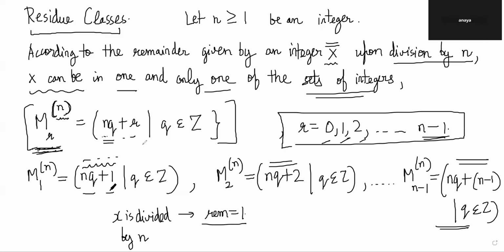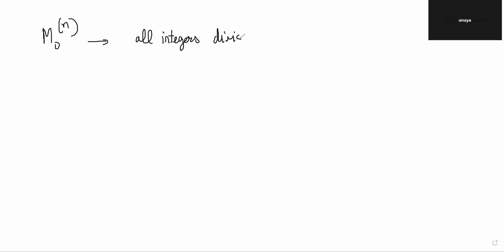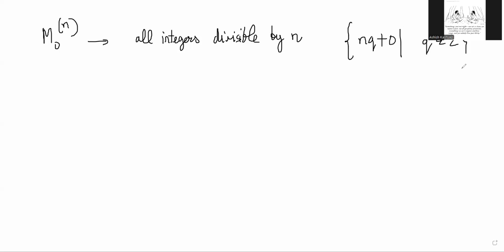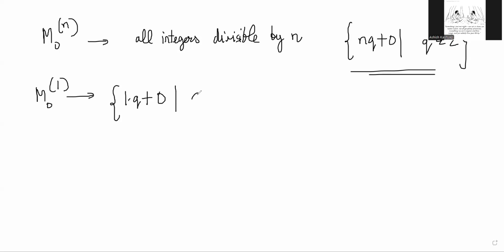For example, what does M_0^(n) mean? It consists of all integers divisible by n, because it will be of the form nq plus 0, where q belongs to Z. Similarly, M_0^(1), if you think of when you divide by 1, it will be numbers of the form 1q plus 0, where q belongs to Z. Whenever you divide by 1, you only get the 0 remainder, always.